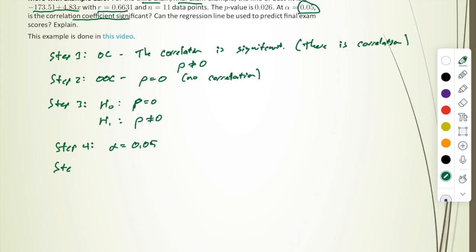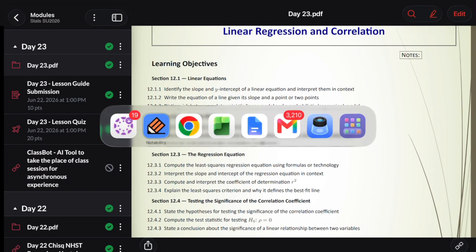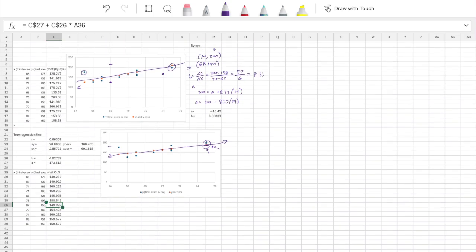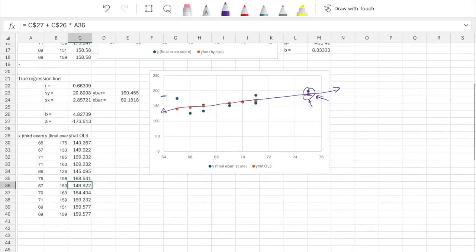Step 5, we need to find our p-value. All right, let's go to Excel to do that. Well, no, sorry, test statistic. All right, so again, we've got our work from last time.